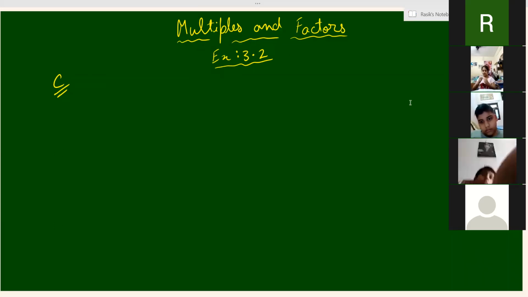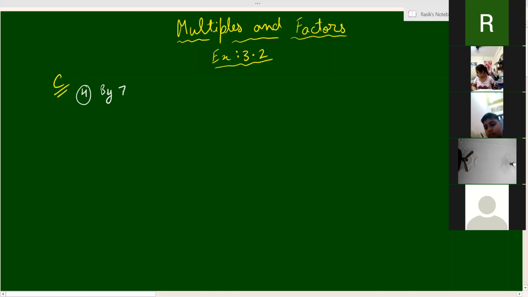Okay, very good. Okay, now question C, fourth part. We have to check the divisibility of the numbers by 7. We will check divisibility by 7. So A part of this. First number is 2,772. I have already explained in detail how to check divisibility by 7.